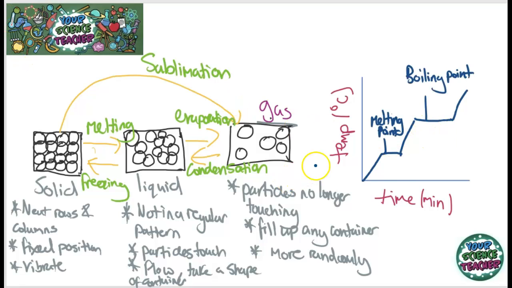Now, the amount of energy to change state is called the latent heat. For melting, this is the latent heat of fusion, and for boiling, that's called the latent heat of vaporization.